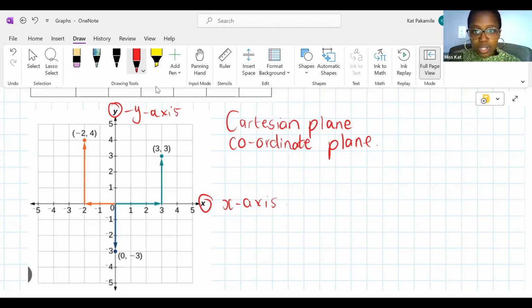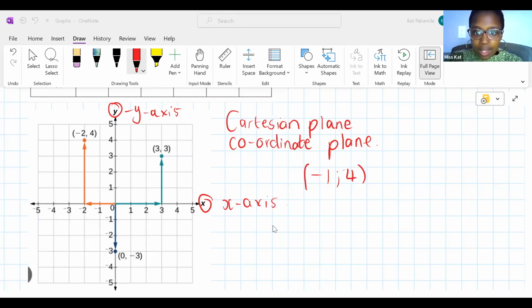So when you plot a point, right? Let's say I have a point here and I tell you the point is -1 and 4. Remind me again, in my coordinates, which comes first? Is it the X or the Y? It's the X, right?